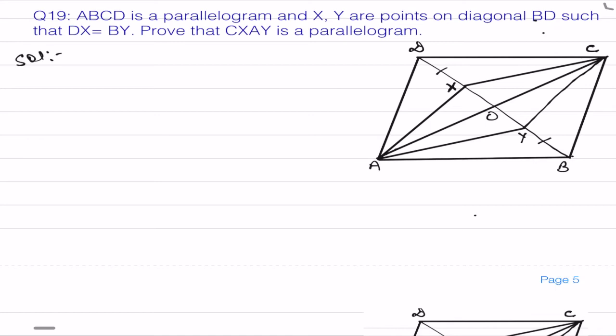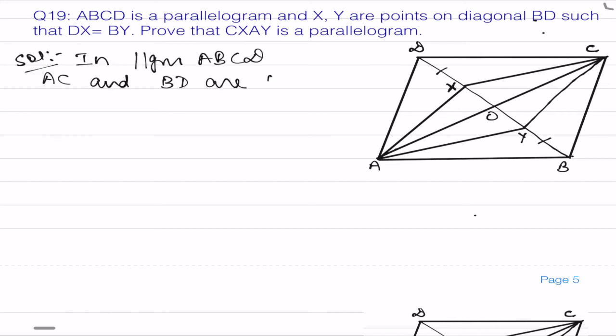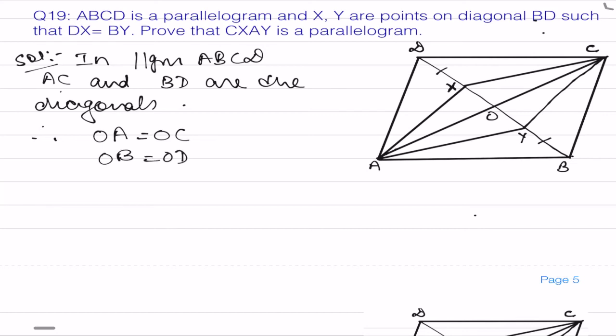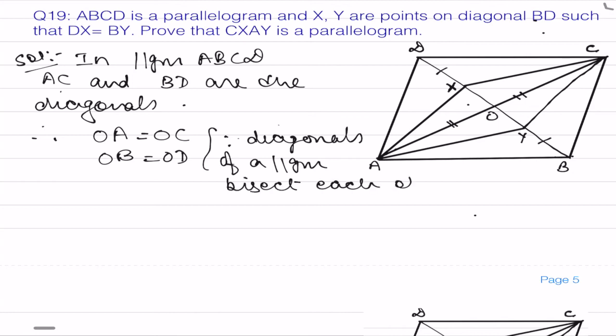So first we can see that AC and BD both are the diagonals. So in parallelogram ABCD, AC and BD are the diagonals. Therefore OA is equal to OC and OB is equal to OD, because diagonals of a parallelogram bisect each other.